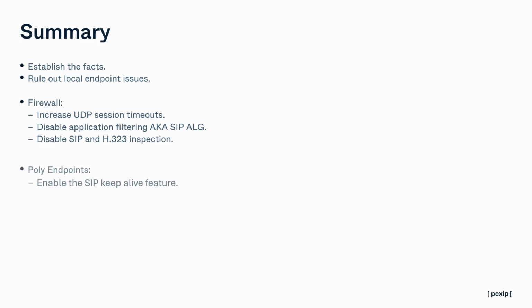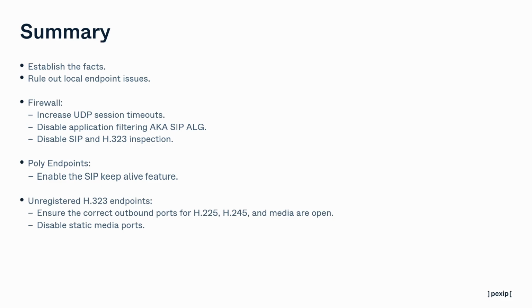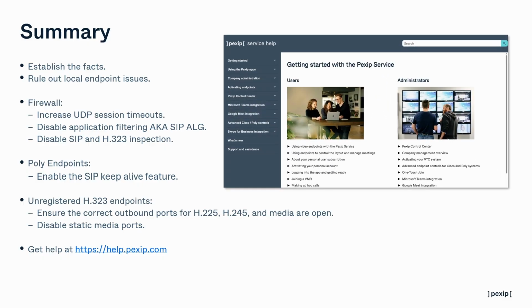On Poly endpoints, enable the SIP Keep Alive feature. For unregistered H.323 endpoints, ensure the correct outbound ports for H.225, H.245, and media are open, and that static media ports are disabled. Our online documentation is available for all things Pexip service related, including troubleshooting guidance, at help.pexip.com.